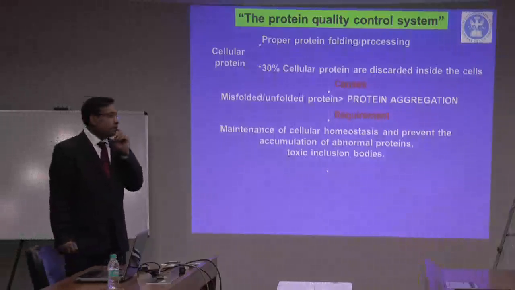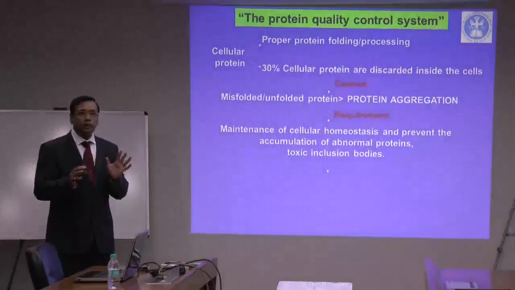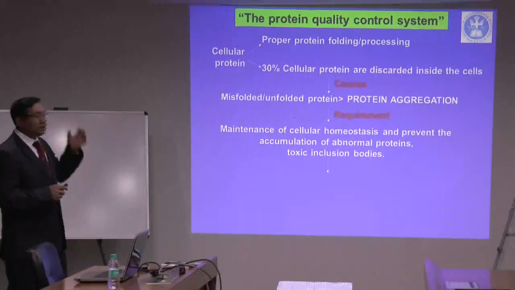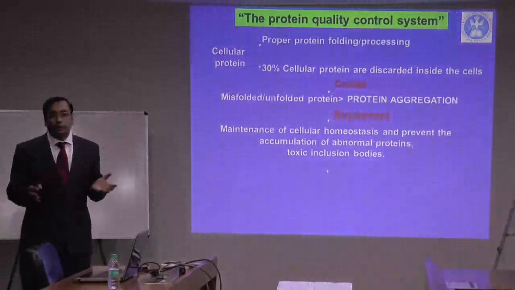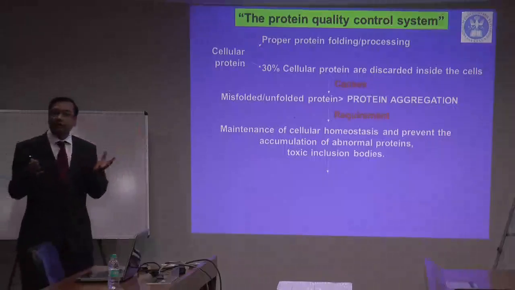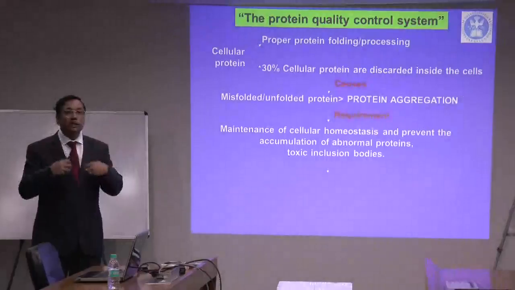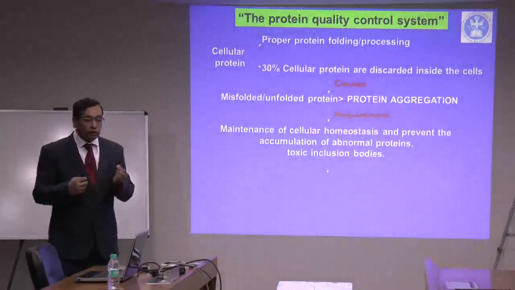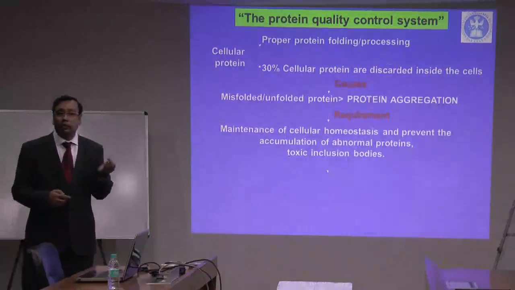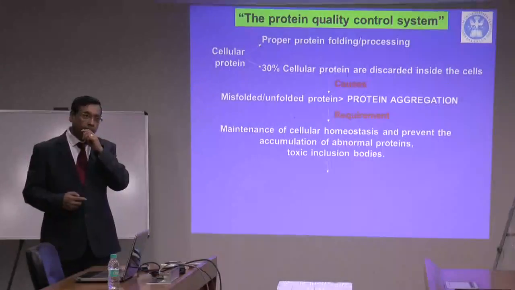So let's talk about protein quality control. Inside our body, approximately 30% of proteins are discarded because they are not properly folded. And as you said, Brian, proteins that are not properly folded start aggregating inside our body. Not only that, there are different mechanisms like inclusion bodies, because most of the protein sometimes gets trapped in inclusion bodies.